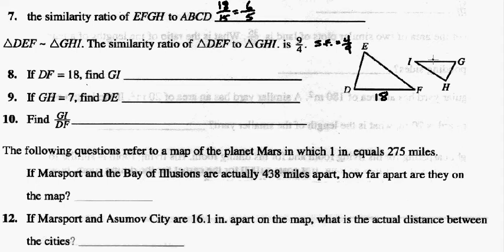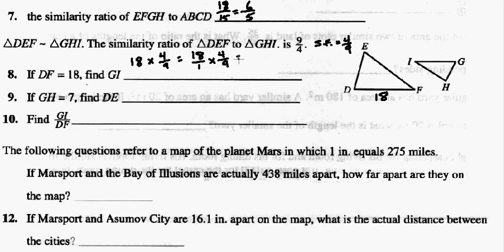find GI. Well, all we would do is take 18 and multiply it by the scale factor of 4/9. So remember, this is the same as 18 over 1 times 4 over 9.